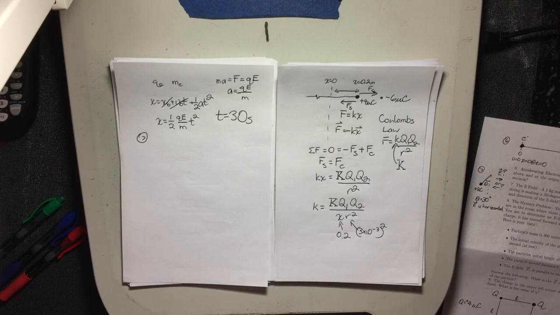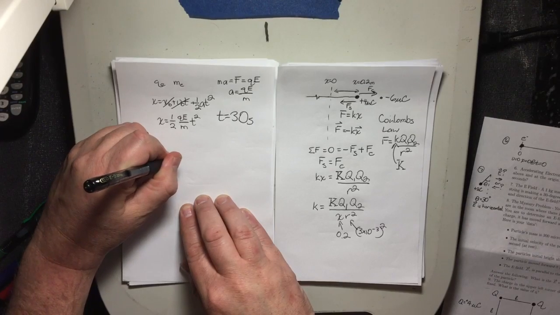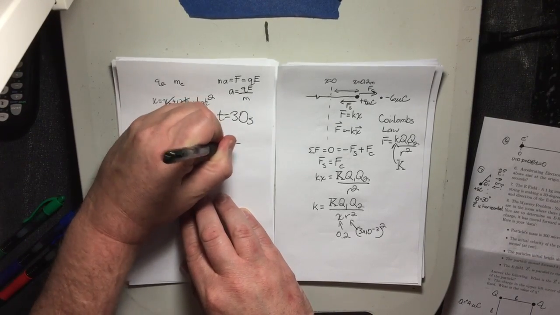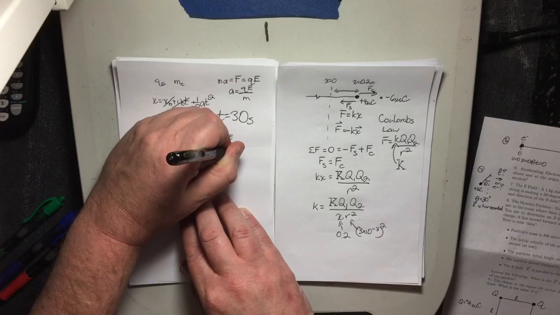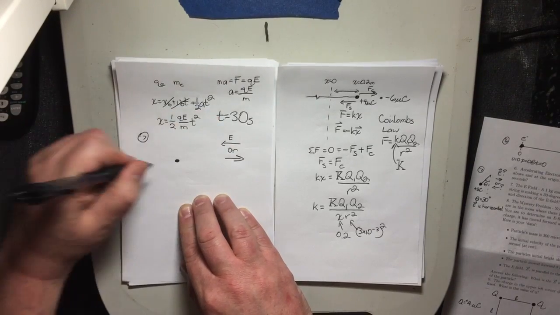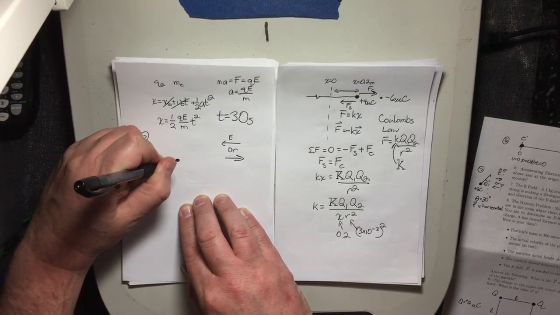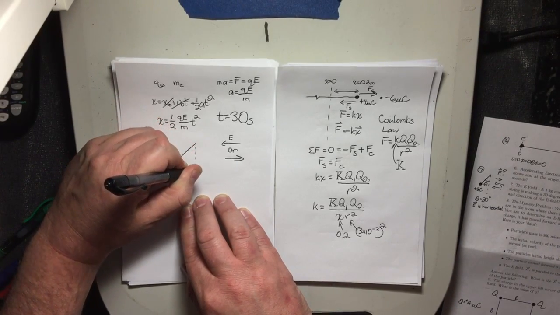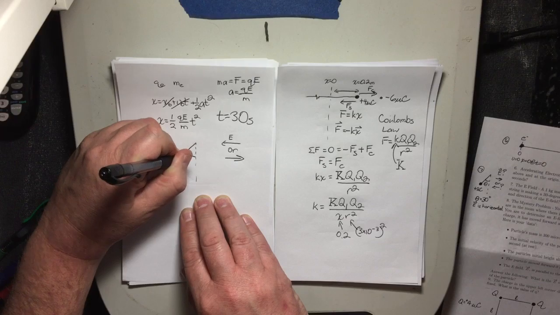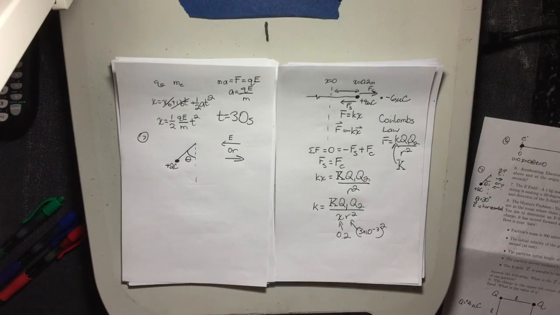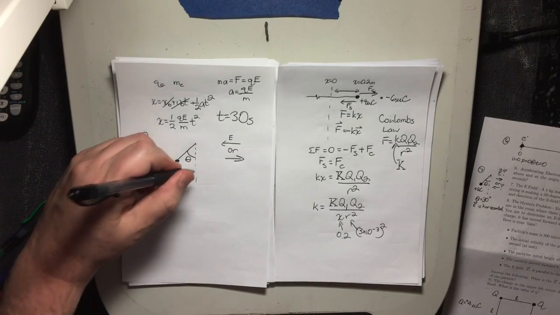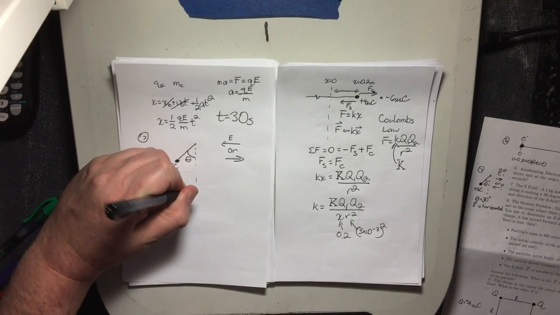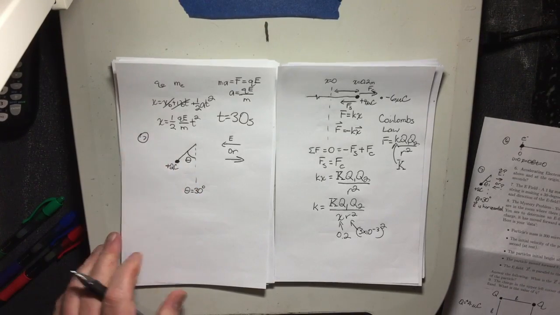Number 7, we have a charged particle sitting in an E field that could be either to the left or straight to the right. It is a positive 2 coulomb charge, and it is at an angle from the vertical at the angle theta, and theta is 30 degrees.